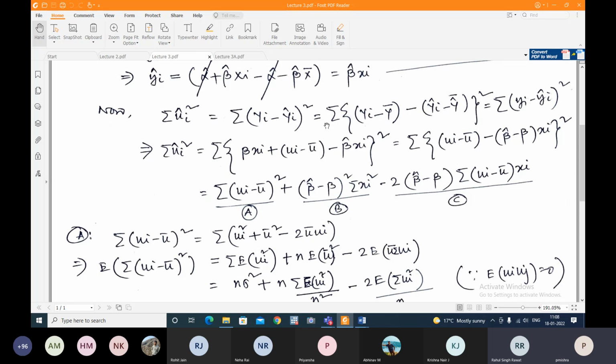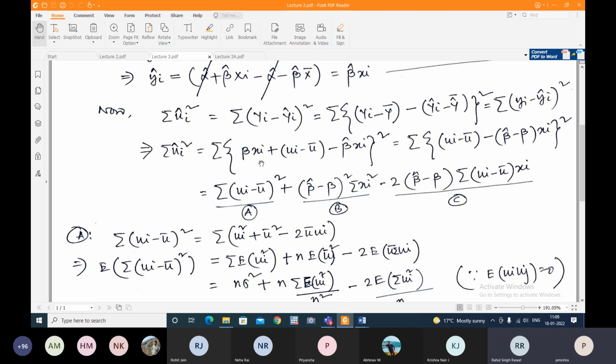So we are subtracting y bar and y hat bar from yi and y hat i, and these two cancel out eventually, because y bar is equal to y hat bar. So this essentially gives us summation of u hat i square as summation of small yi minus small y hat i whole square.